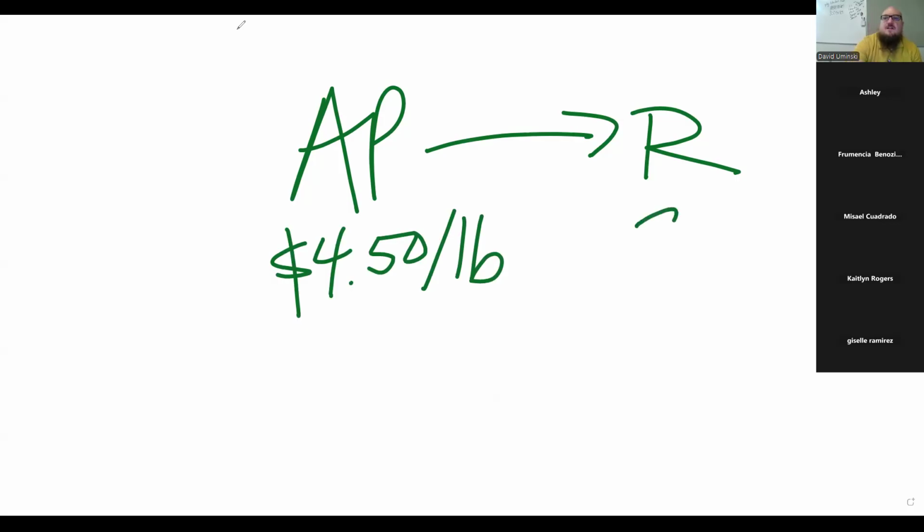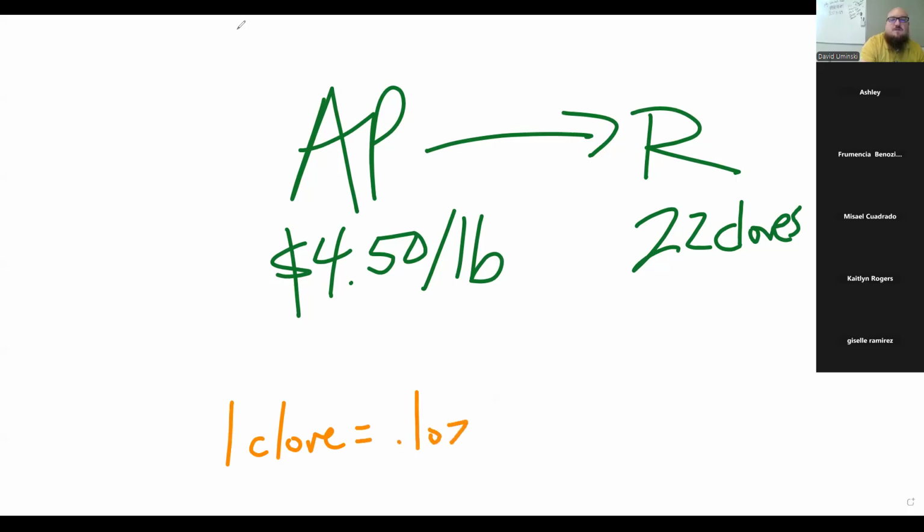Let's say we need 22 cloves of garlic. A lot of garlic, but all right. If I need 22 cloves of garlic and my notes say that 1 clove is equal to 0.1 ounce, then looking at cloves to pounds is kind of a weird conversion. I don't know how to do that.